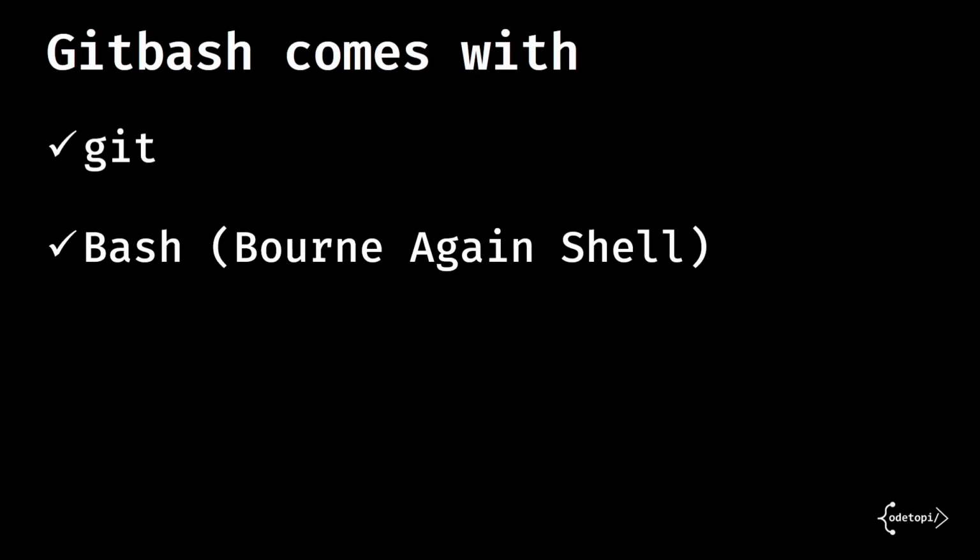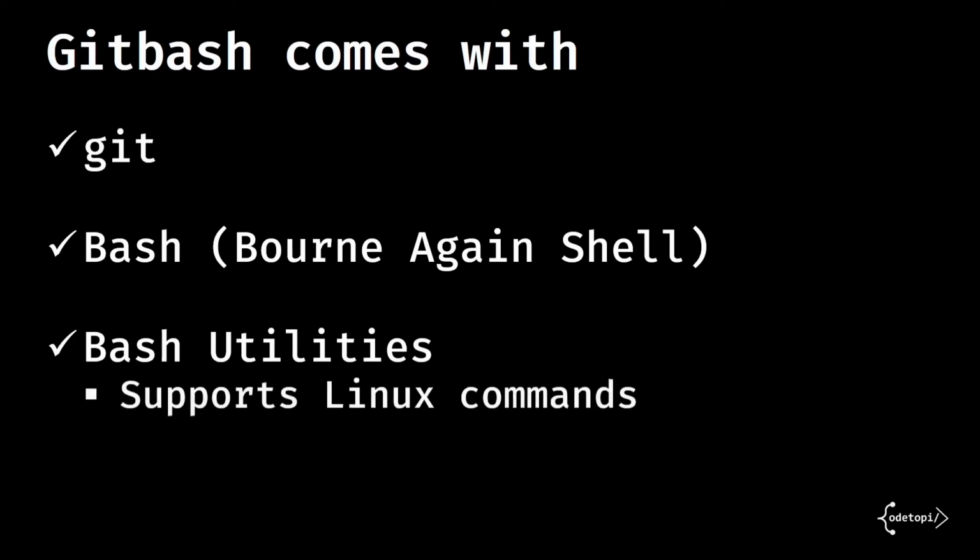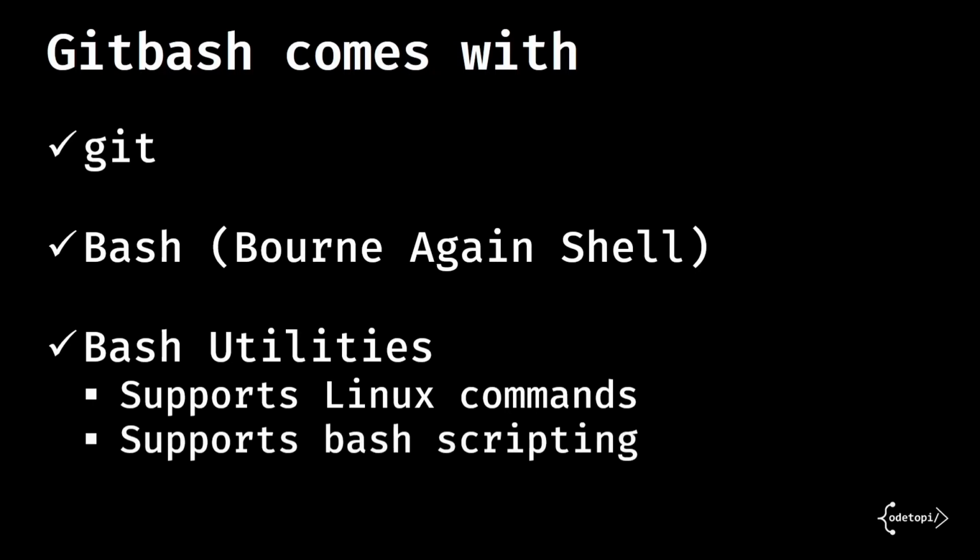All right, so now Git Bash also comes with Bash utilities, which means it supports Linux commands or Unix commands. As I said previously, you can run most of the Unix and Linux commands in Git Bash. And also Git Bash supports Bash scripting, just to mention a few: Linux commands, Unix commands, and also Bash scripting.